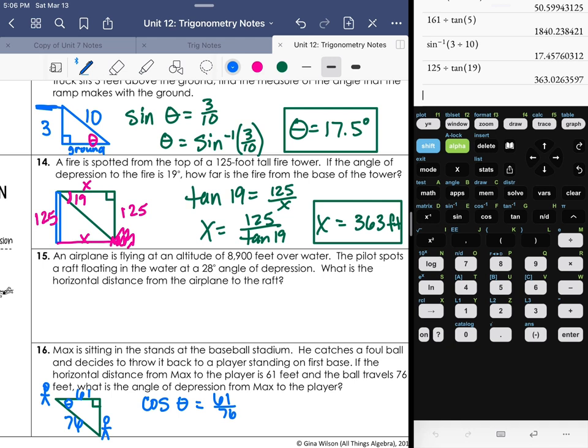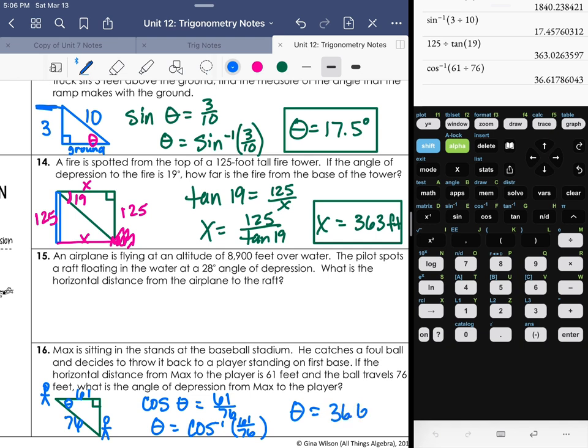So then to find theta, we're going to do the inverse cosine of 61 over 76, like this. And so then we'll find out what theta equals when we do that. So we're going to do second cosine 61 over 76 is 36.6 degrees. So that's what that angle from Max to the first baseman was.